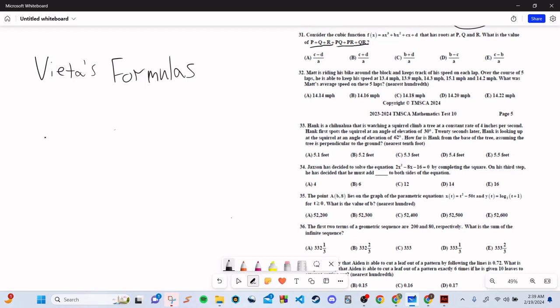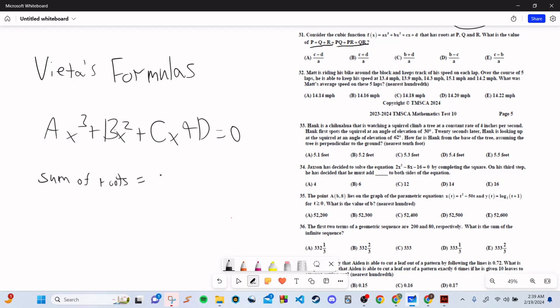So for a cubic, the sum of the roots is equal to negative b over a.